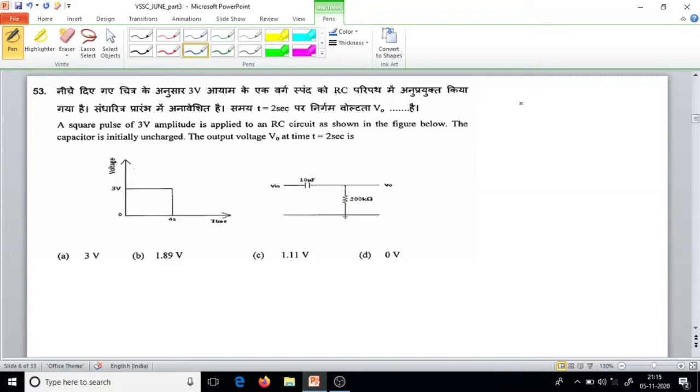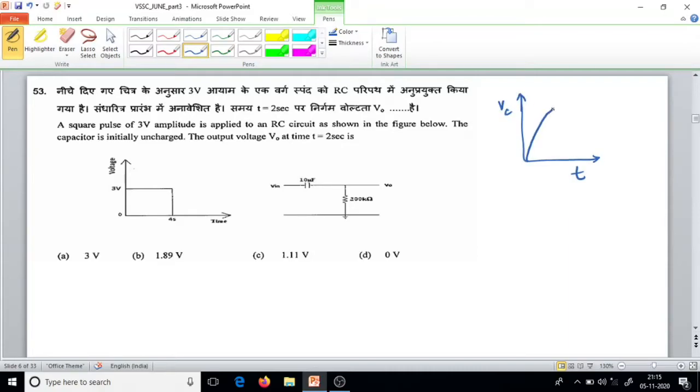Now see, when a capacitor charges, what happens to the voltage? The voltage rises exponentially. With this time axis, this is the capacitor voltage.